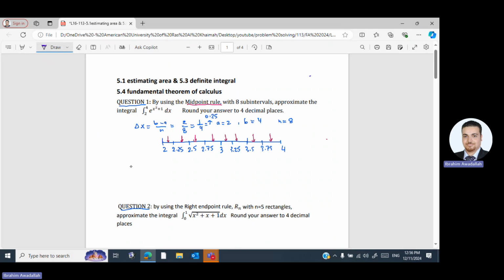So how do we find the area? Because here we are approximating the area, or approximating the integration means the area.